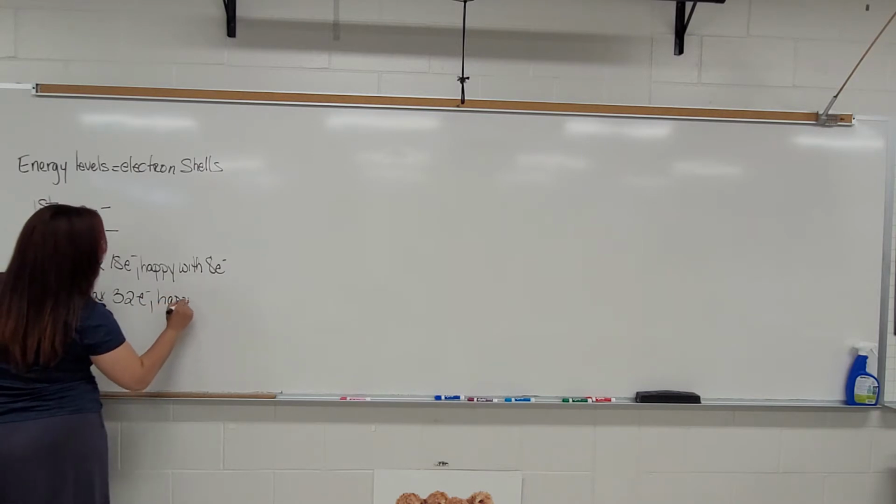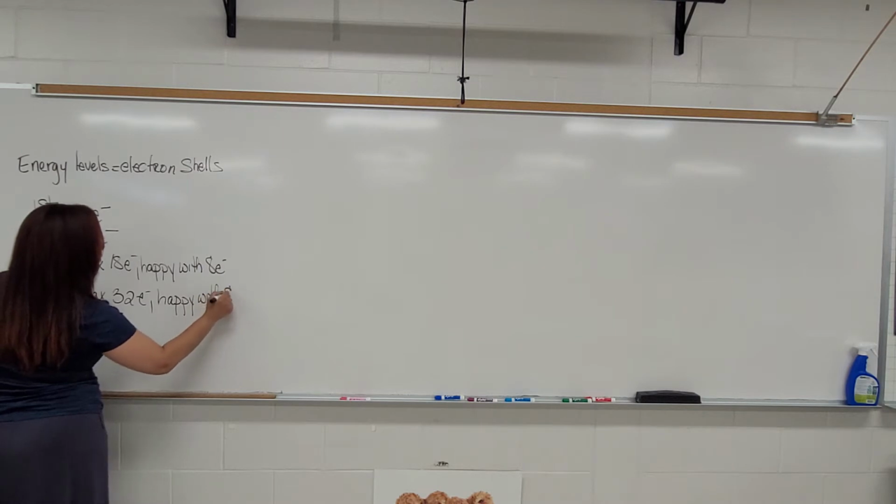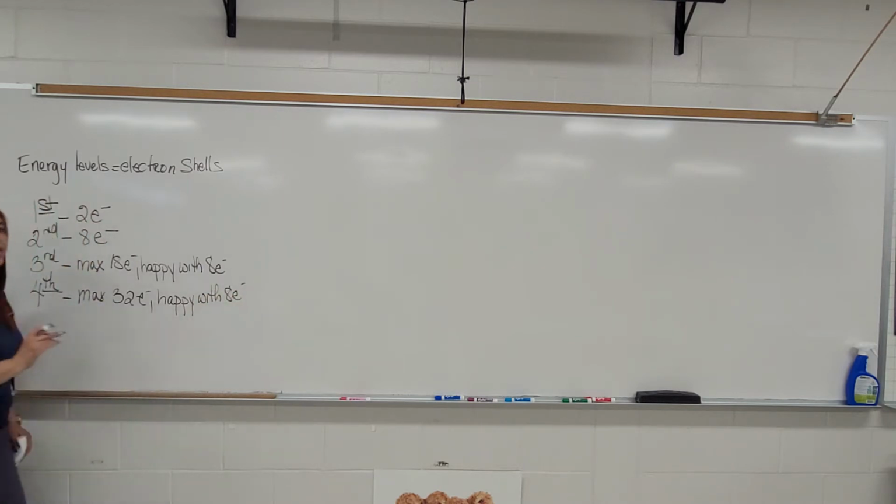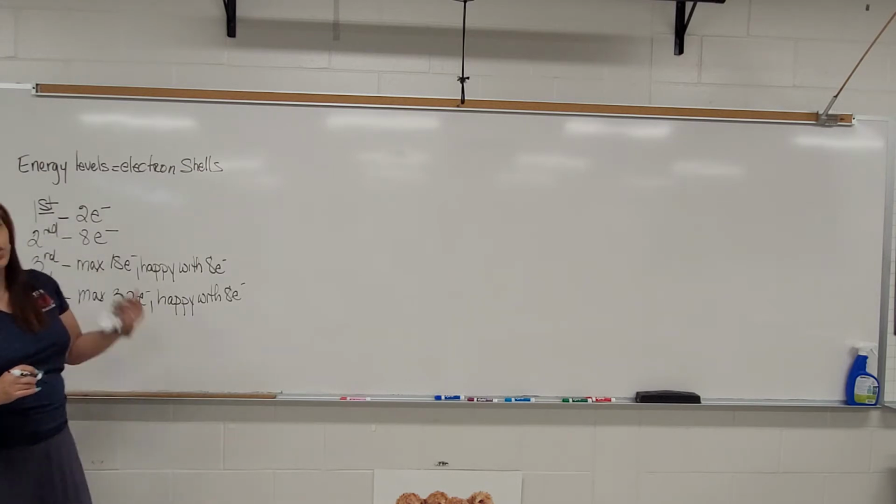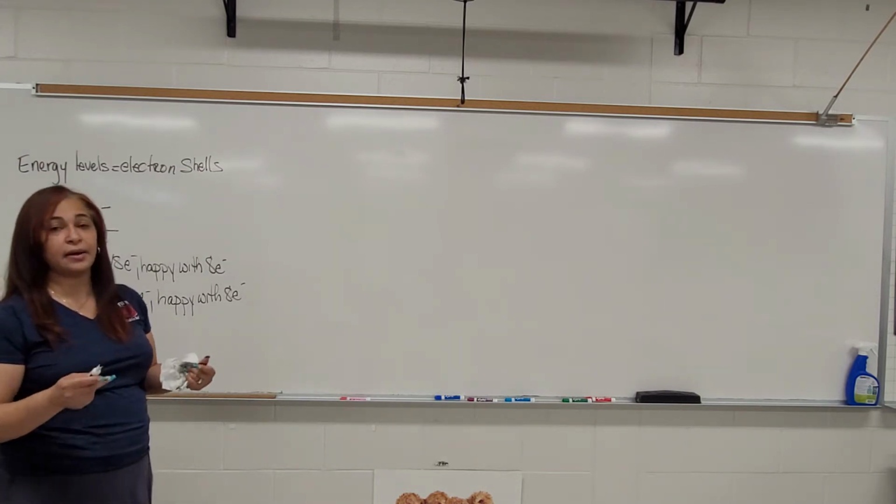Now, one thing to note: when you're looking at how electron shells work, how electron configuration works, you will never ever have more than 8 electrons in the outer shell of your atom.